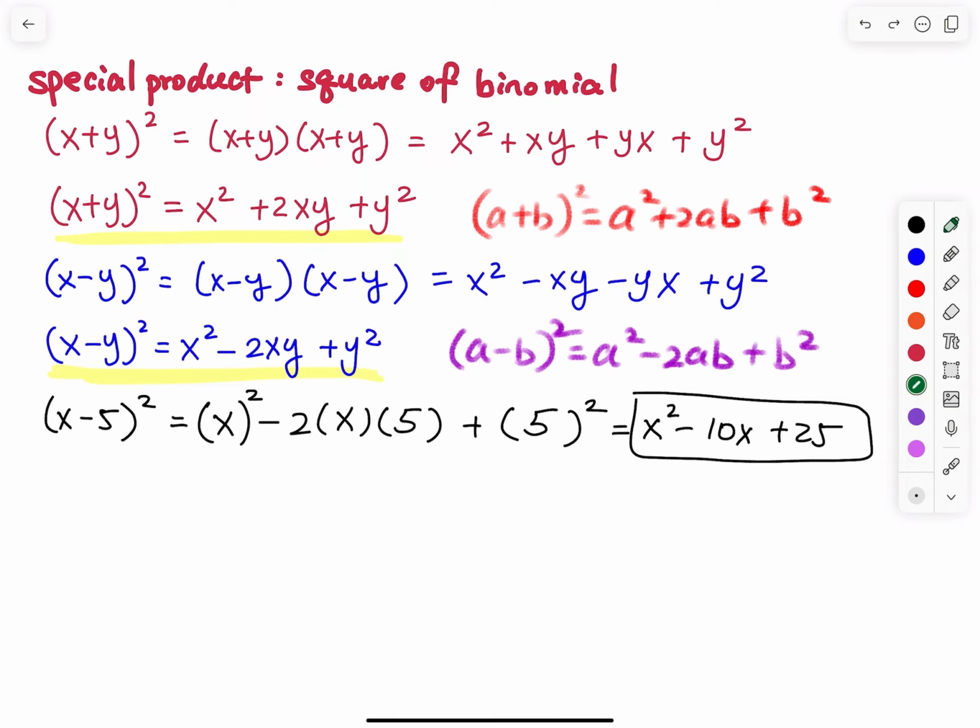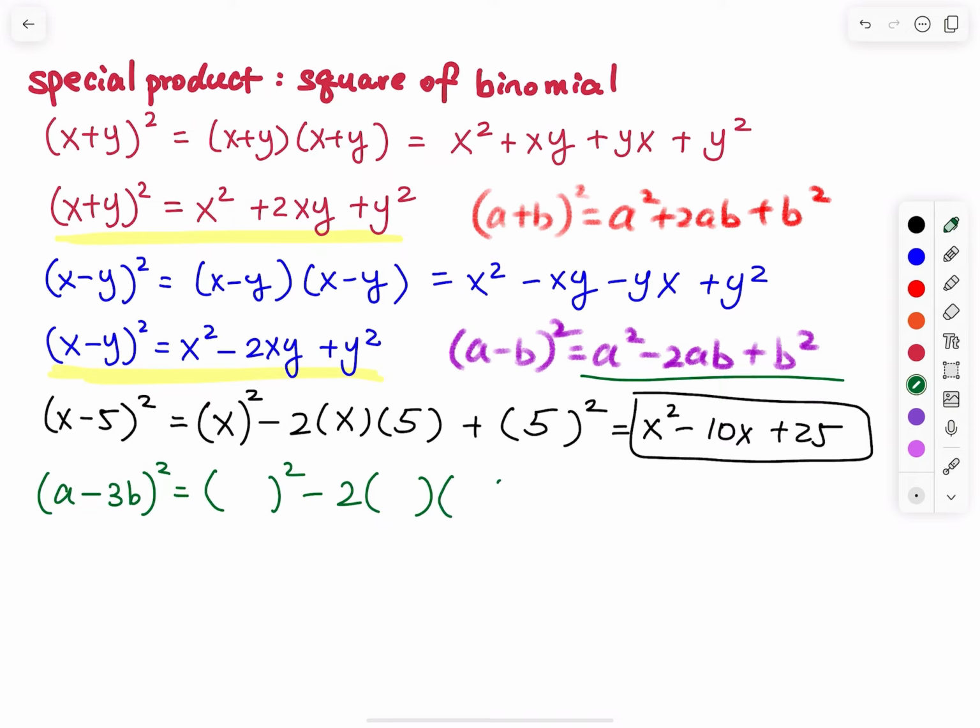How about (a - 3b) squared? So this one we are using the purple one. So that will be a squared minus 2ab plus b squared, right? A is just a, and then b is 3b.